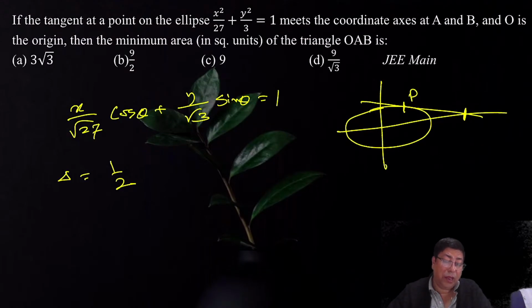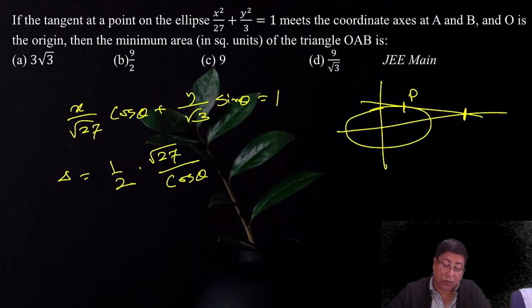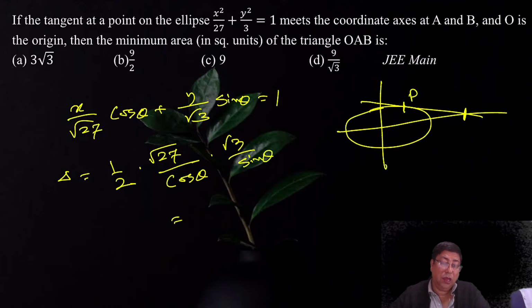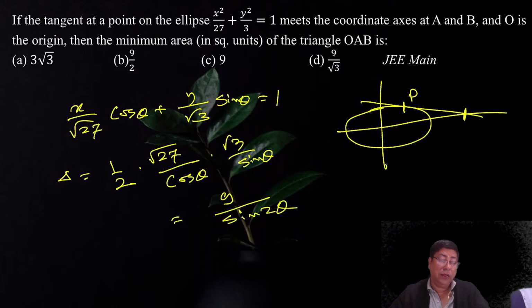So the area bounded by the axes is half base into altitude, root 27 by cos theta, and root 3 by sin theta. So we are getting what? Root 27 into root 3, it means 9, and we are getting 2 sin theta cos theta, sin 2 theta.